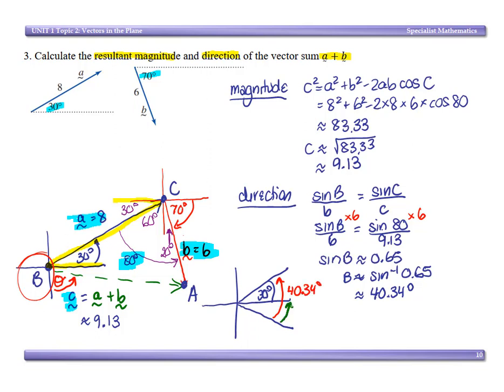So that means this bit here is 10.34 degrees. So now I can work out my theta. Theta is approximately 90 minus 10.34 degrees. So approximately 79.66 degrees.